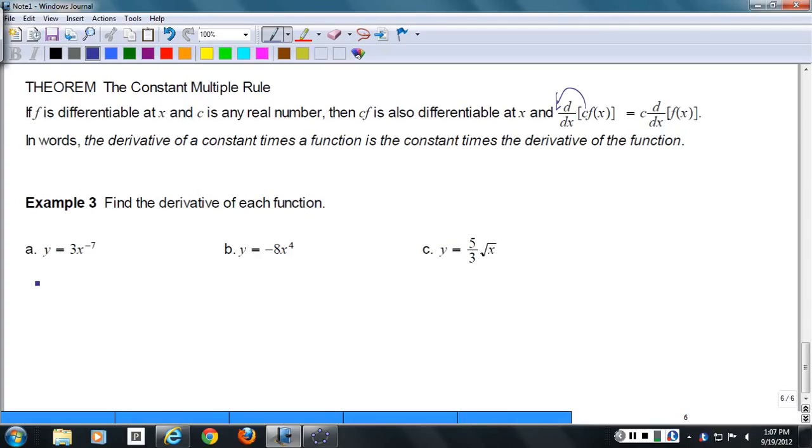dy/dx equals, let's say it like this, d/dx of 3x to the negative 7, using the constant multiple rule. The 3 comes outside, so it's 3 times d/dx of x to the negative 7.